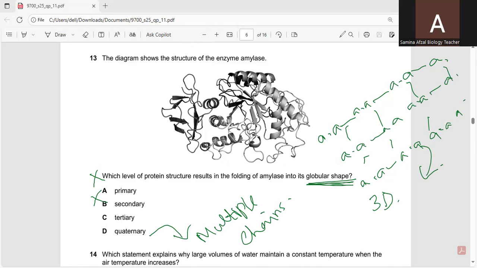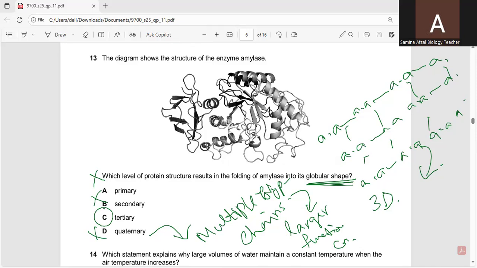To form a larger functional protein complex. So D. So there is only tertiary structure which gives the 3D shape.